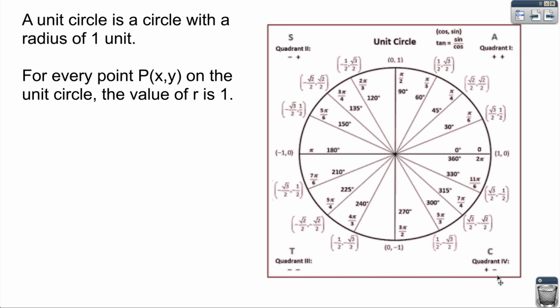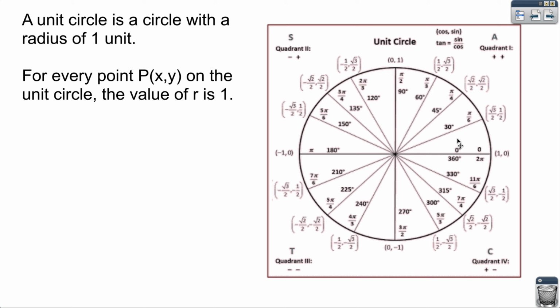So what does that really mean to us? We know that the radius is 1. Now, what do these numbers represent? Remember how we just converted from degrees to radians and radians to degrees? What the unit circle is showing us is this. For every specific degree measure, it has a corresponding radian measure.